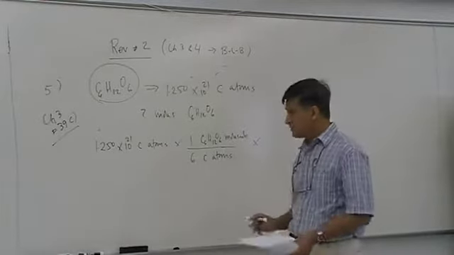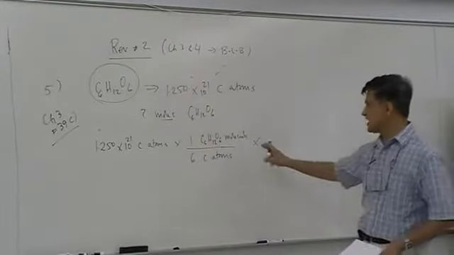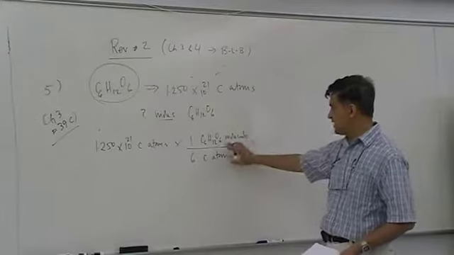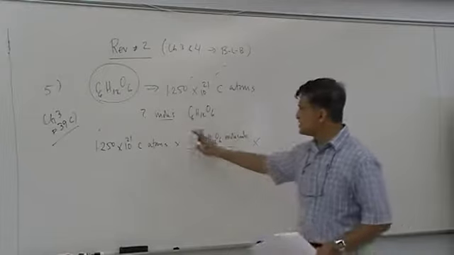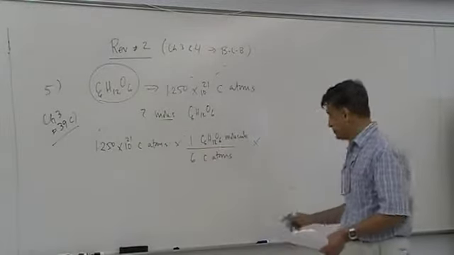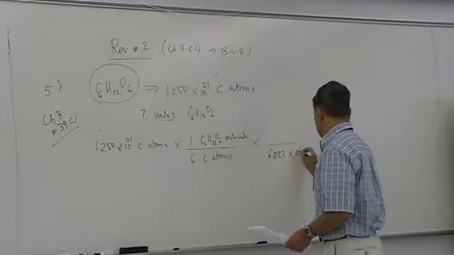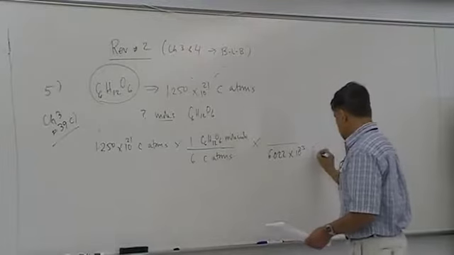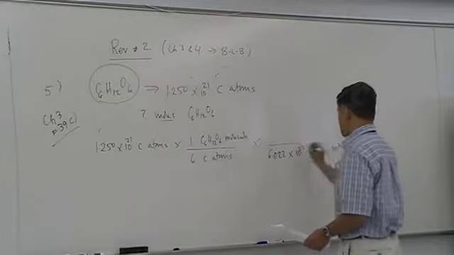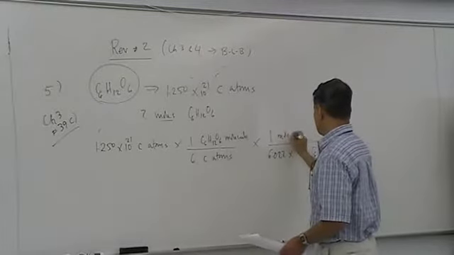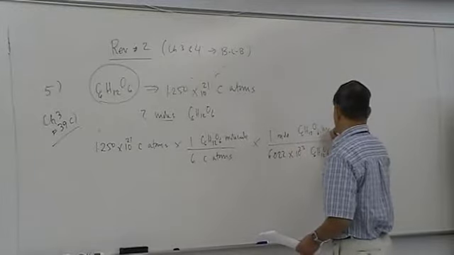Don't forget the unit that they're asking for. In this problem they're asking for moles, not just an absolute number. If I stop here, you're going to get the absolute number of C6H12O6 molecules, but they want it in terms of mole. So then I need to do the next step: 6.022 times 10 to the power 23 C6H12O6 molecules would make a mole of C6H12O6 molecules.